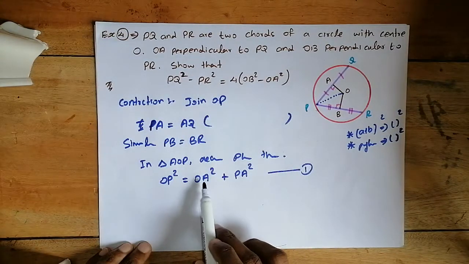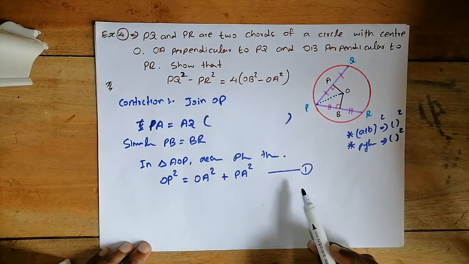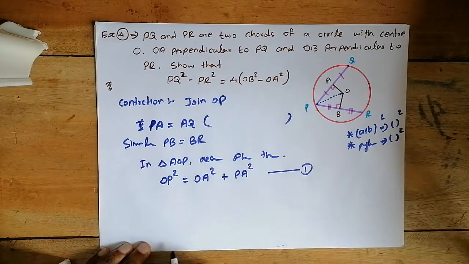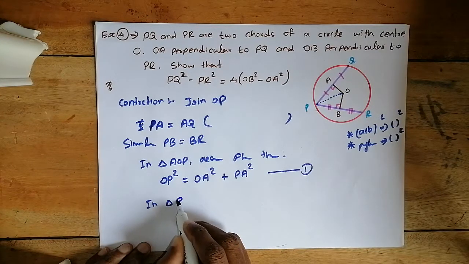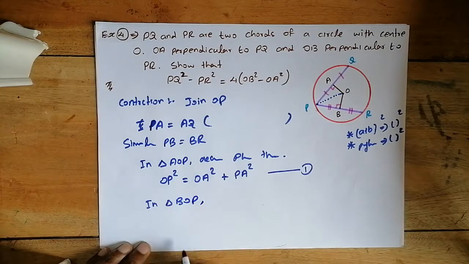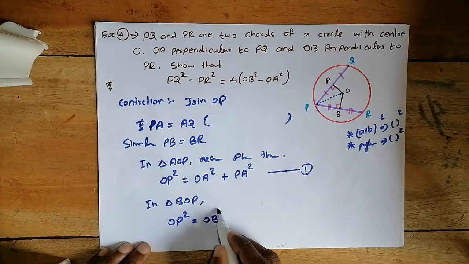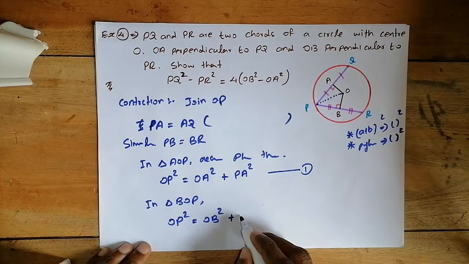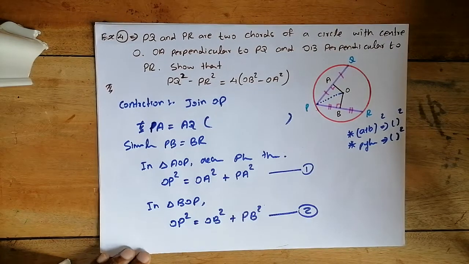OA is mentioned, so that's why we think of going with the Pythagoras theorem. Similarly, in triangle BOP, same, OP squared is equal to OB squared plus PB squared. So that is our second relationship.